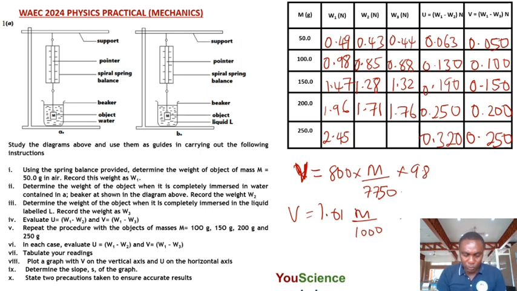Then I'm going to have 2.45 minus 0.320. That's going to give me 2.13. Then I'm going to have 2.45 minus 0.250. That's going to give me 2.20. So I'm going to record that as 2.20.